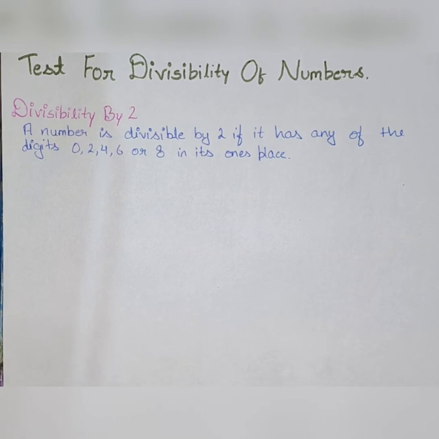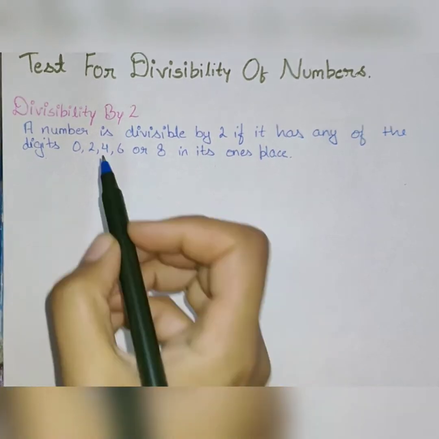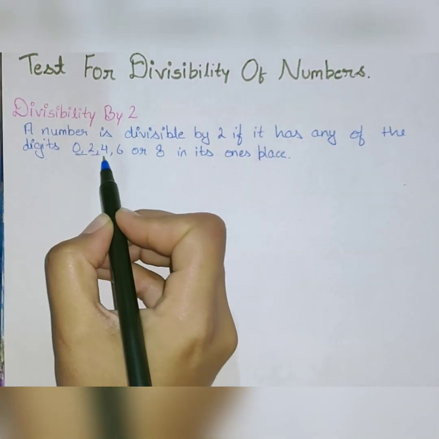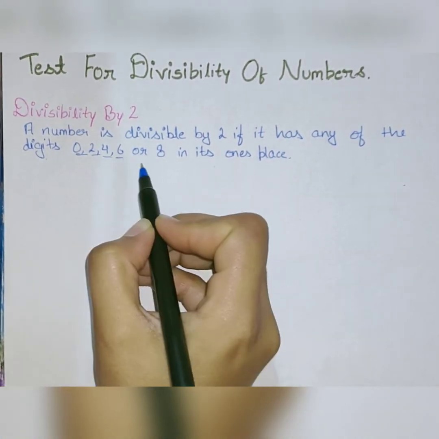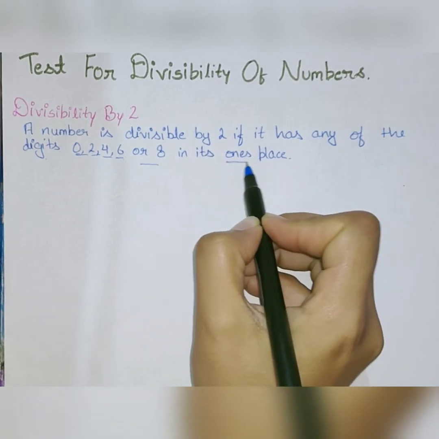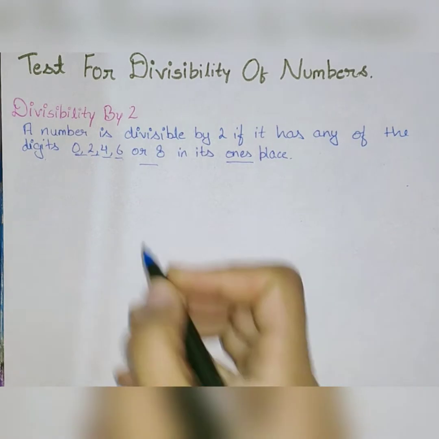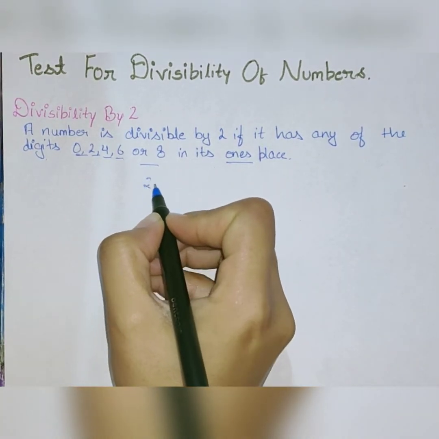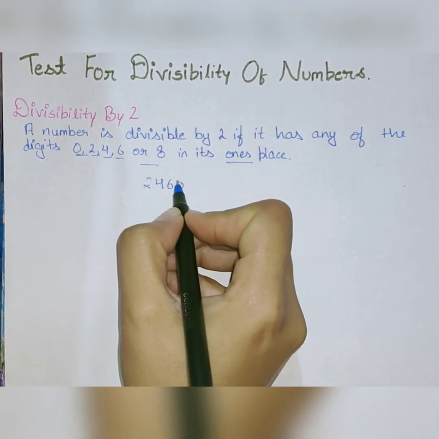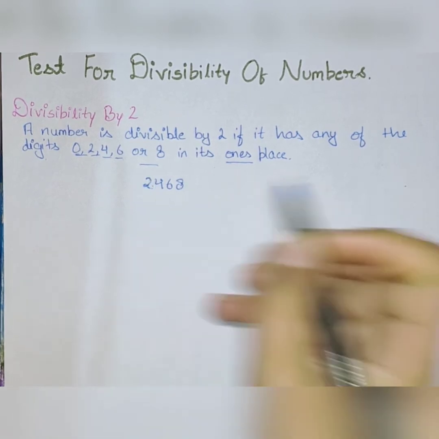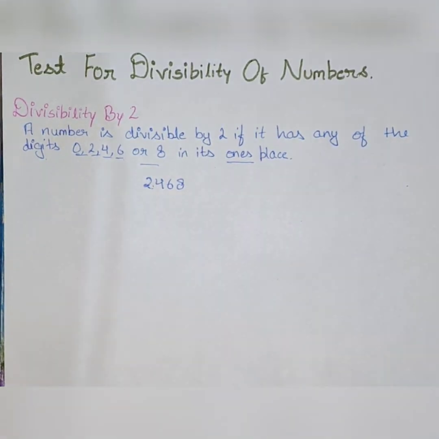As written in the definition, a number is divisible by 2 if it has any of the digits 0, 2, 4, 6 or 8 in its ones place. Suppose we have the number 2468. By viewing it, how can you tell whether it is divisible by 2 or not?